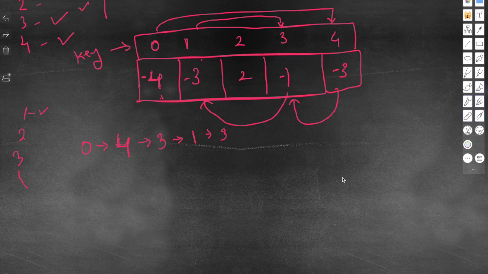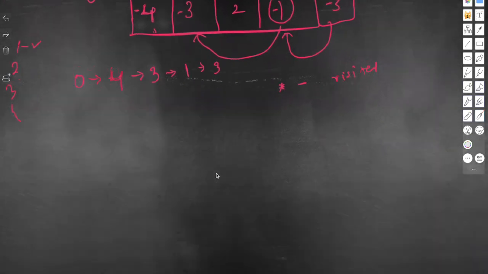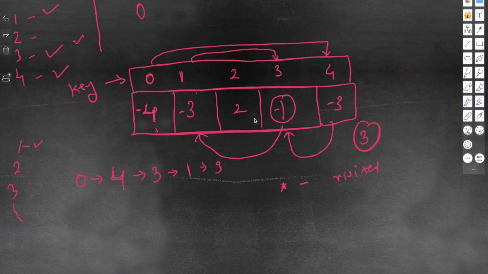We made the marker for that. Negative means visited. From 1, when we traverse to 3 and 3 has a value of -1, that means this has been already visited. Let's try to do one more iteration. So the answer is 3. 3 is the repeated one.